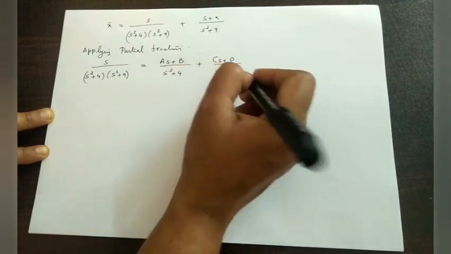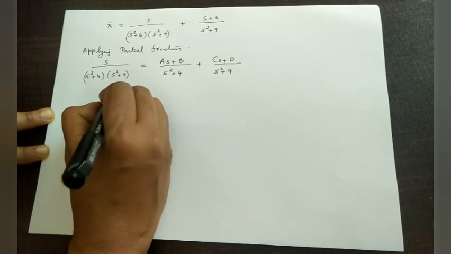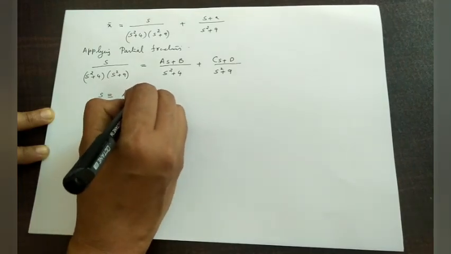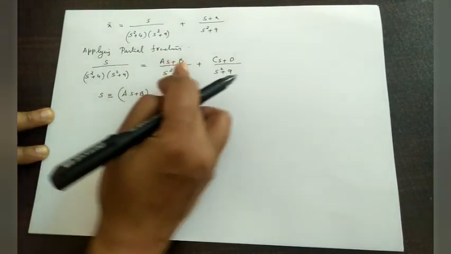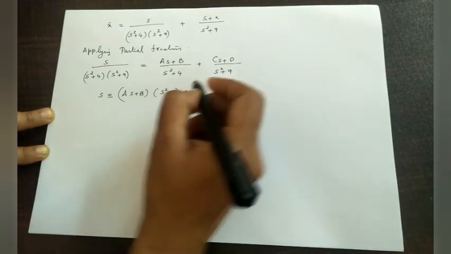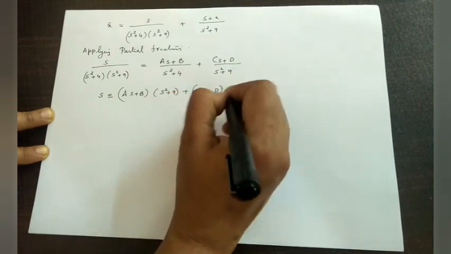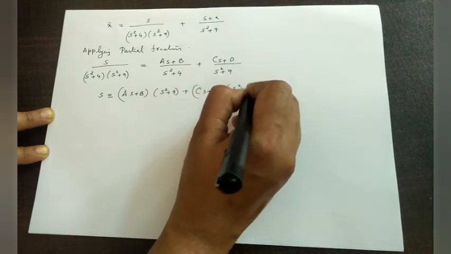Using the method of partial fractions, now s becomes equivalent to as plus b into s square plus 9, plus cs plus d into s square plus 4.